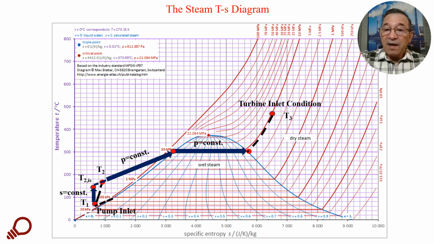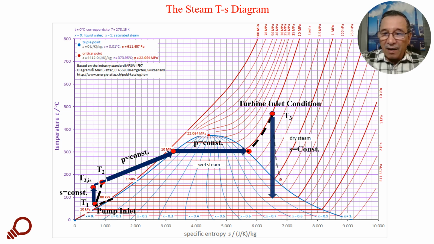So at T3, this is the condition where it enters the turbine. And again, in the turbine, if we assume constant entropy or an isentropic process, then the expansion will follow the blue line, and the pressure is reduced to a low value.